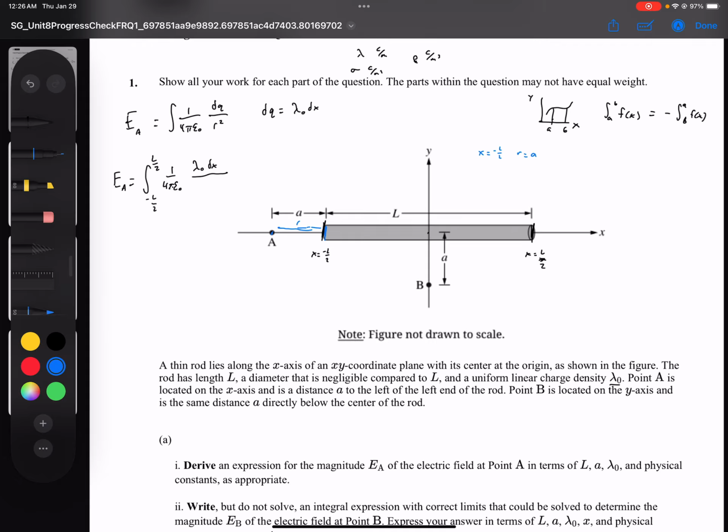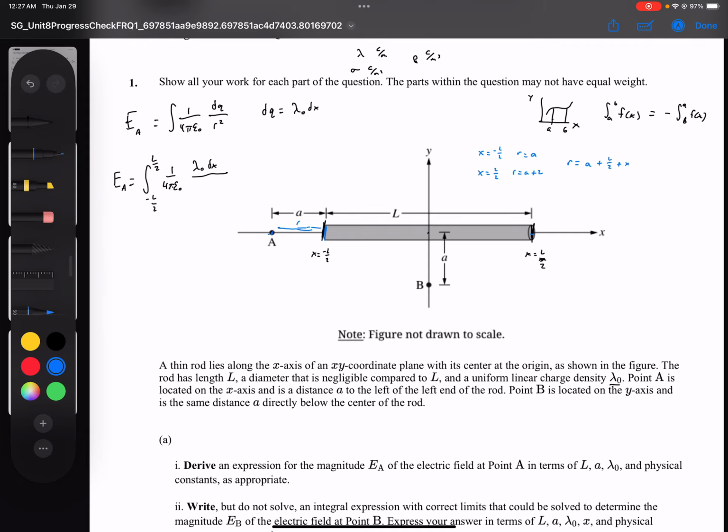And when x is equal to positive L over 2, let's think about it here. From here to point A, I have the entire length of the rod plus a. Okay? And the only function that I can write that satisfies these conditions is r is equal to a plus L over 2 plus x.